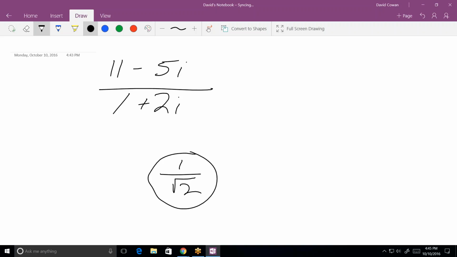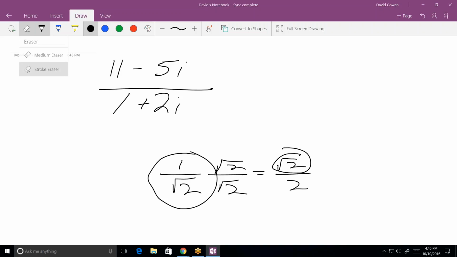Well, you multiply top and bottom by square root of 2. It's called rationalizing the denominator. What it does is put the irrational number into the numerator, which is where you want it. There's no problem with having irrational numbers in the numerator. You just can't have them in the denominator.